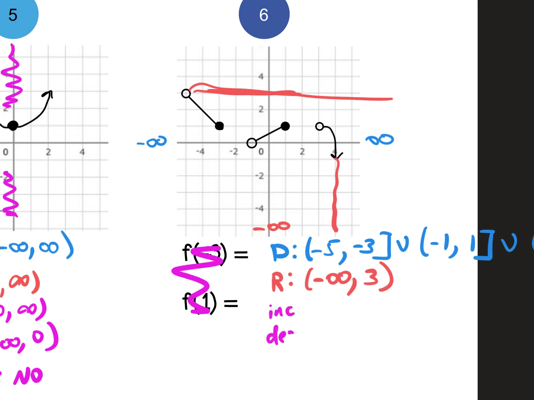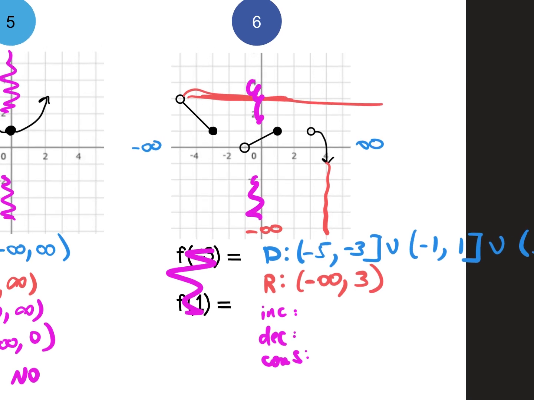All right, increase, decrease, constant. Left to right. If I put my finger on that first little piece on the left-hand side, what is the graph doing? Decreasing. Only look at the x-axis. Over what intervals is this decreasing? -5 to -3. All right, then there's a break in the action. Then what happens? It's increasing from -1 to 1.